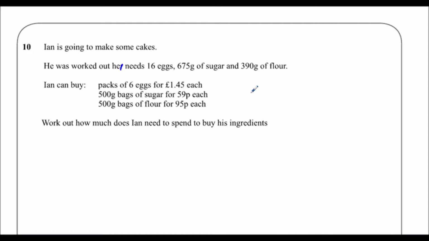So the eggs come in packs of 6, and he needs 16 eggs. So 6 in 1 pack, 2 lots of 6, so 12 in 2 packs, 18 in 3 packs. So he's going to need to buy 3 packs of eggs at £1.45 each.